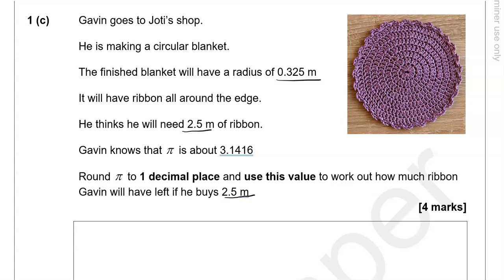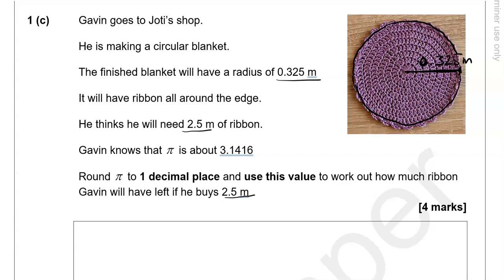So we are given the radius, which is 0.325 meters, and it will be a case of working out the circumference because it's about going around the edge.